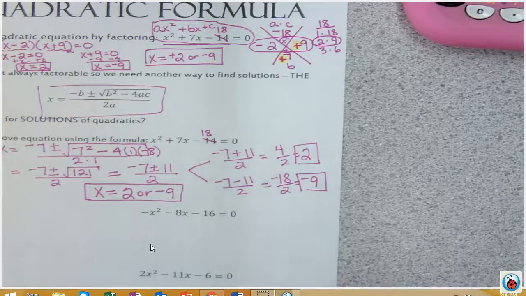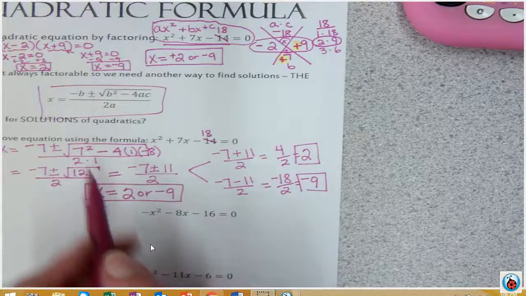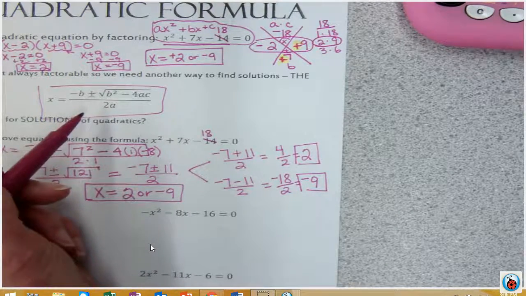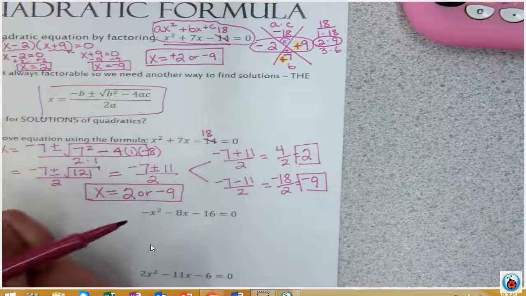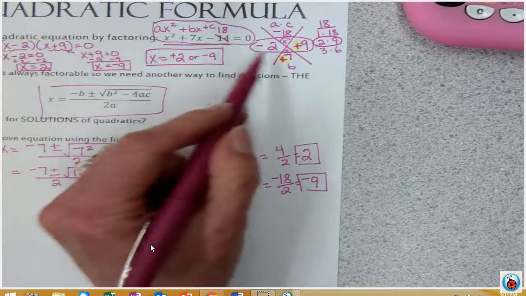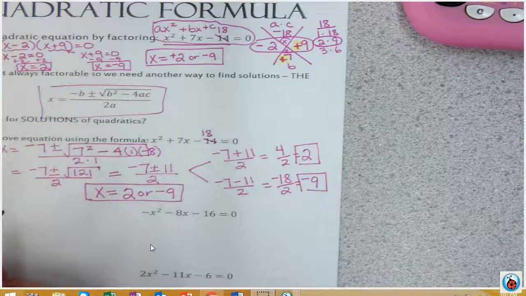Alright, so you can always use the quadratic formula, but sometimes you cannot factor it with this method because we would get prime.